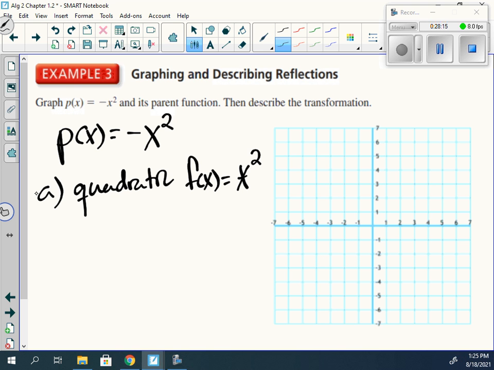It is the quadratic function. The parent function is f of x equals x squared. Now, we do see that the new one does have a negative sign out front, which means this would be a, what? Reflection across the x-axis. It would not be a reflection across the y-axis.